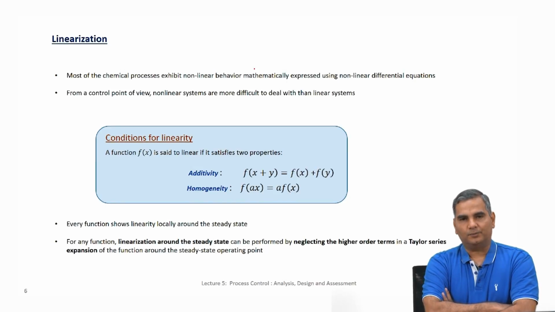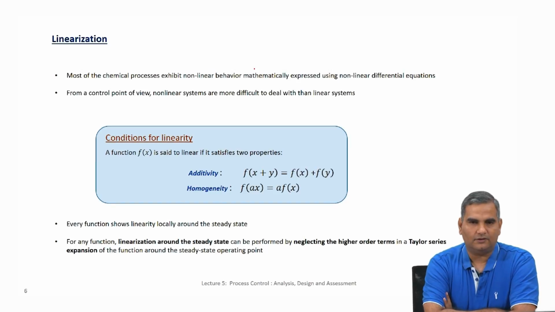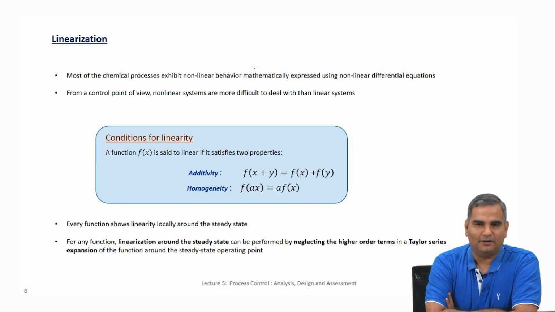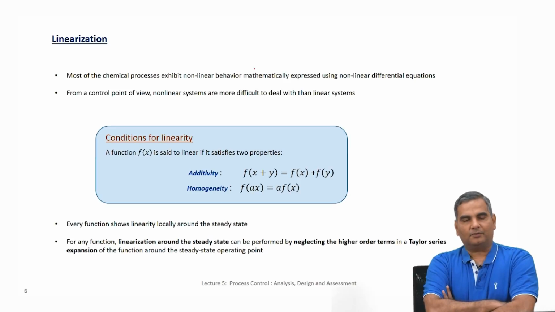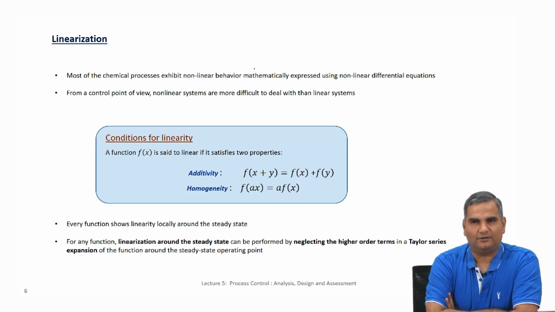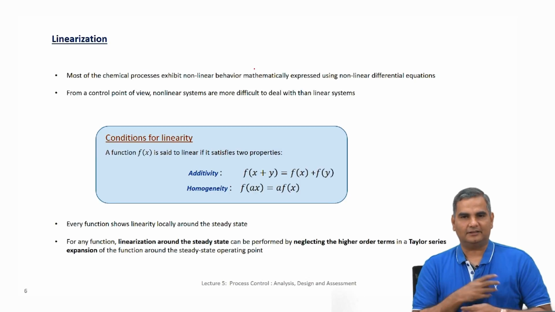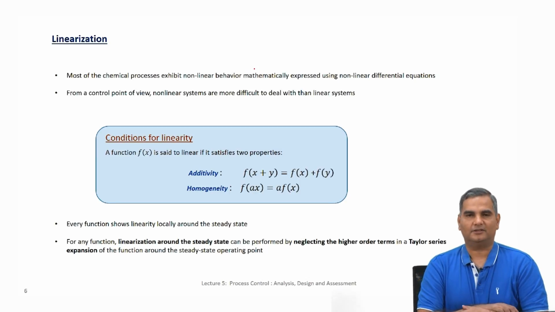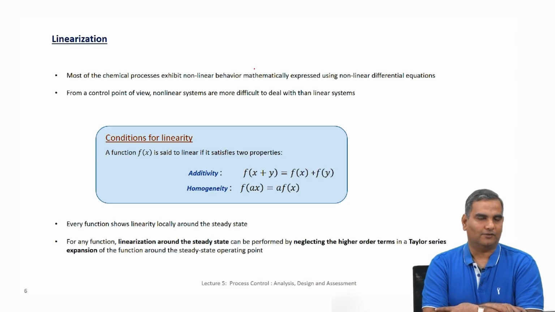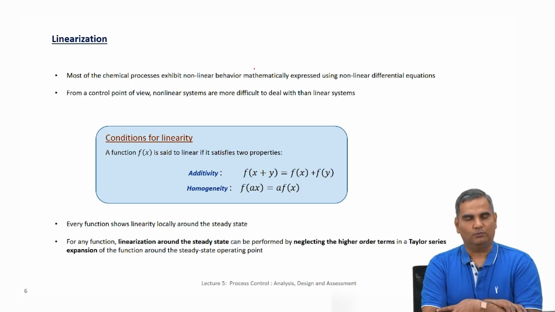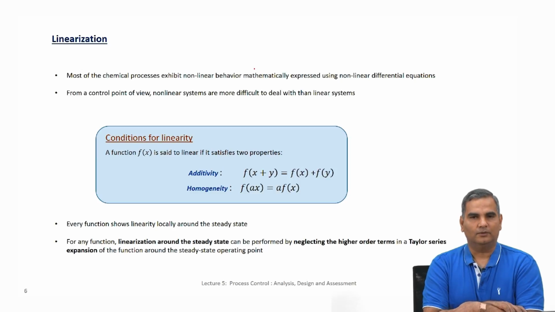But from an industrial viewpoint, the reason the notion of linearity works is because whenever we run a process, we expect the process to run around its steady state, and typically if you have good control, then you are controlling your process quite close to its steady state, and hence since you are operating in a small region, a linearized approximation in this small region would be a very good model for the process. That is the rationale why, though most of the industrial implementations assume linearity for nonlinear processes, they still work quite nicely.